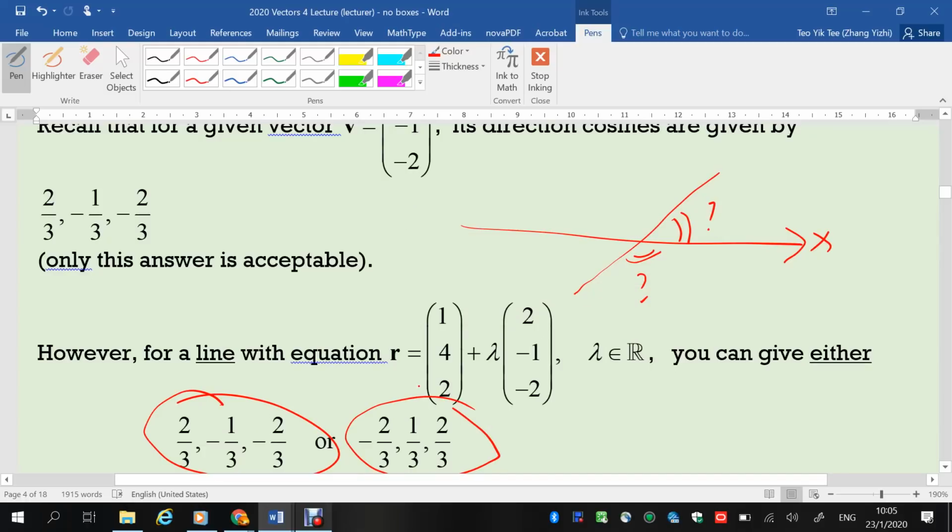Simple as that. That's all you need to remember. Directional cosine of a line is the plus minus version of the directional cosine of a vector. I will stop here today.